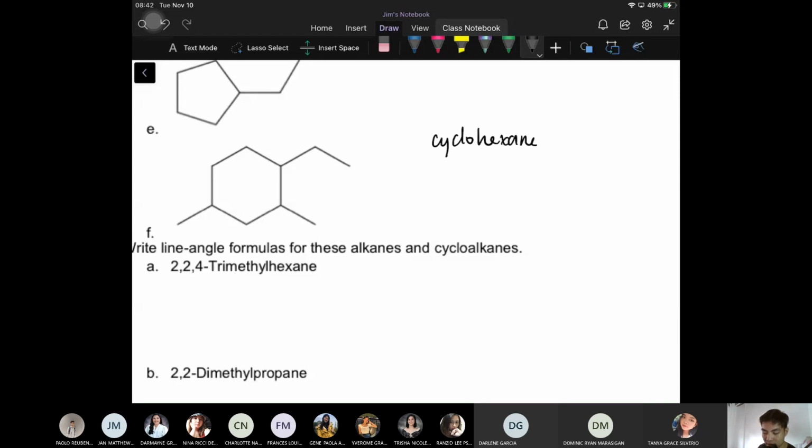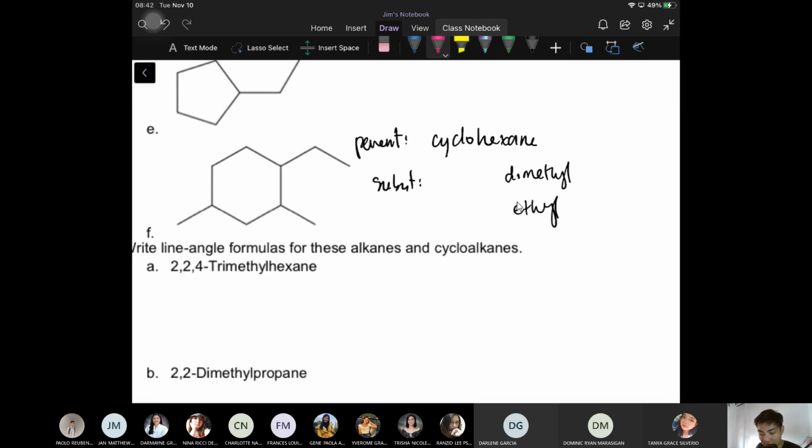That's our parent because it's a hexagon. For substituents, you have two methyl groups, dimethyl, and you have an ethyl group. The numbering, which one do you put first? Is it the dimethyl or the ethyl? It will be the ethyl.